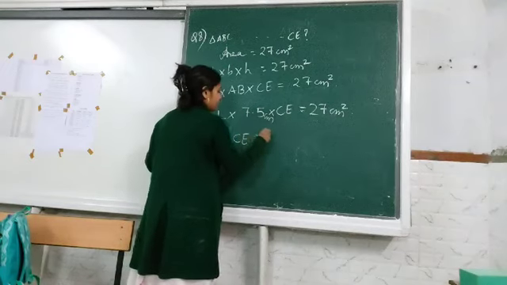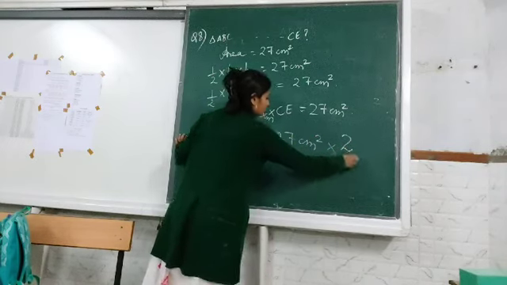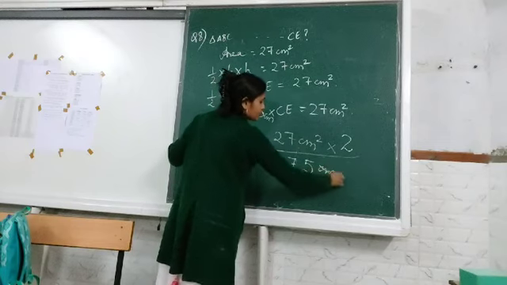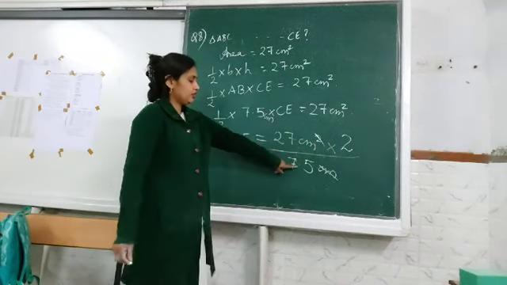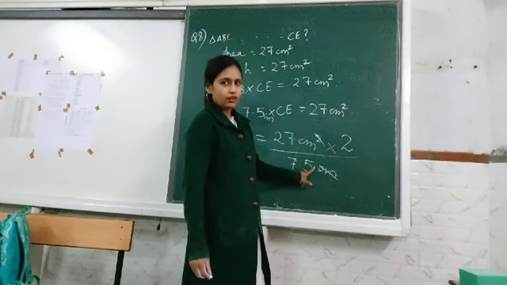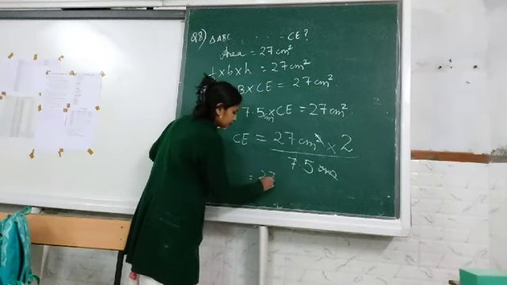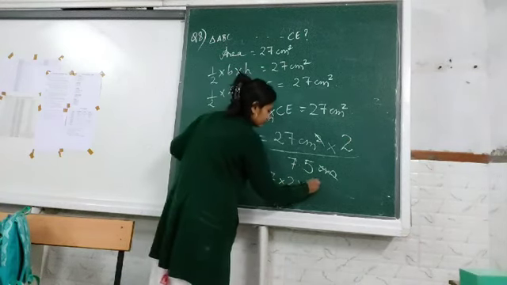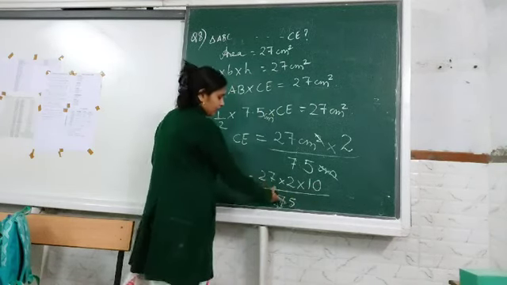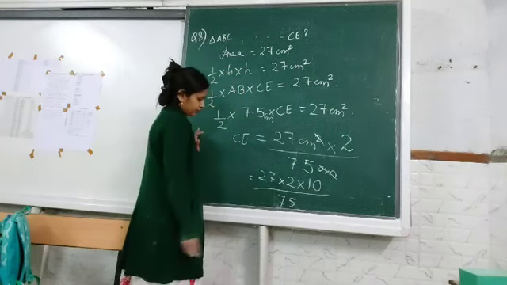Let's complete it. So CE is equal to 27 centimeters square into 2 whole by 7.5 centimeter. Centimeter and centimeter get cancelled. This decimal shifts this side, okay, and we put a 10 over here. So let's do that. Both are divisible by 3.